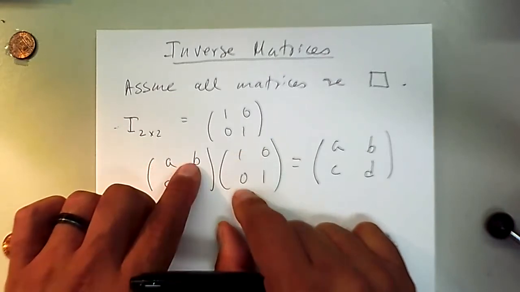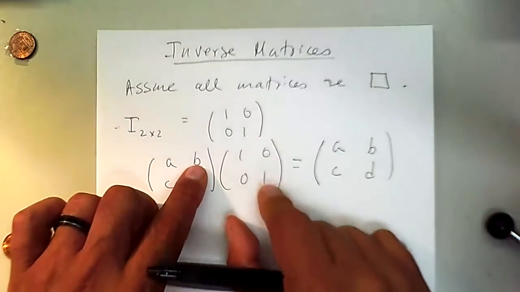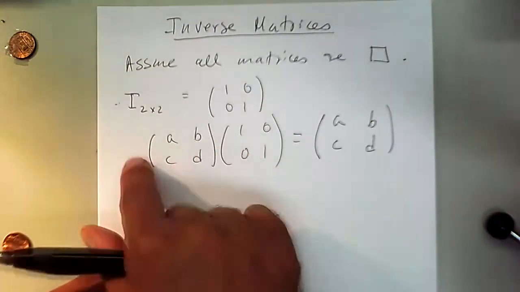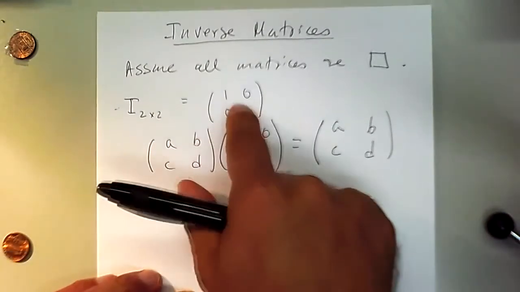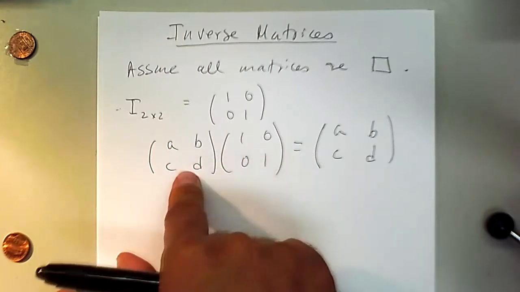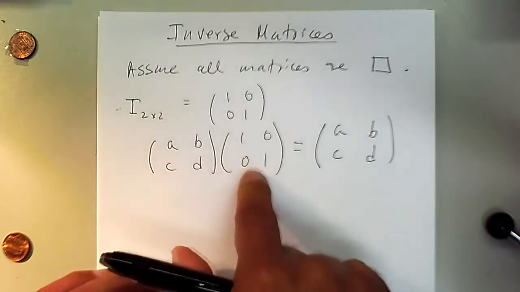This column picks the first row, and this column picks the second row, and it just copies it over. And if you put it on the other side, we end up with the same thing. So this is the identity. When we multiply that matrix with any other matrix, we get back that other matrix. So that is called an identity.